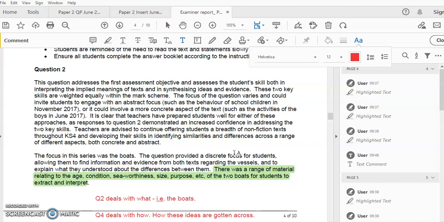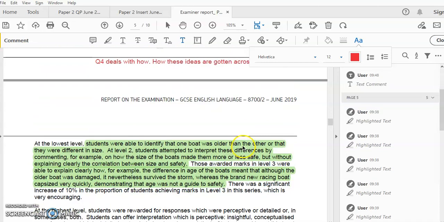In this case, we're looking at boats, and the examiners are saying here that at lower levels, learners are able to identify maybe 1 or 2 differences, and that's absolutely fine. You can get a really high grade just identifying 1 or 2 differences. But at lower levels, there's no real link.